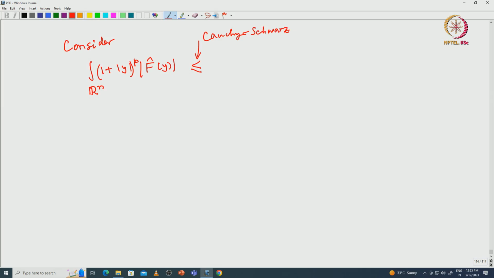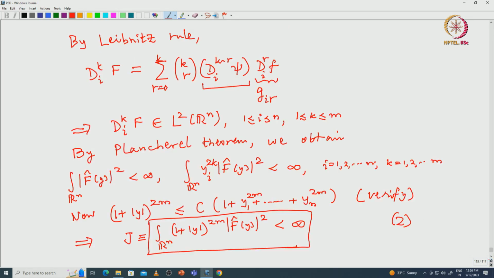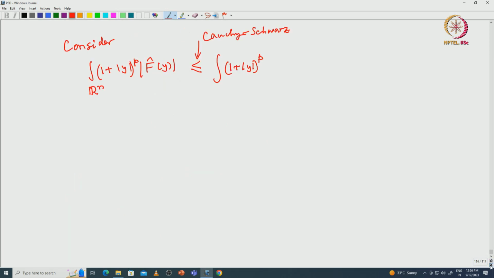What I am going to put is this (1 + |y|)^p as it is, and now I add this, you just recall here, (1 + |y|)^{2m}: (1 + |y|)^{-m} and (1 + |y|)^m times f cap.